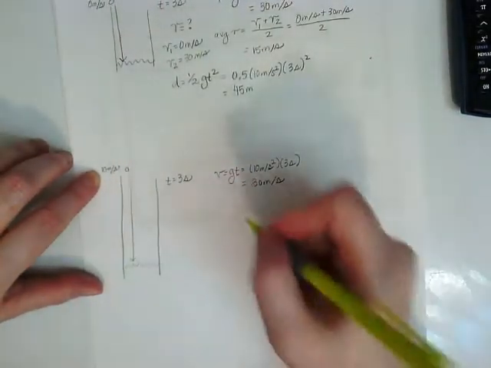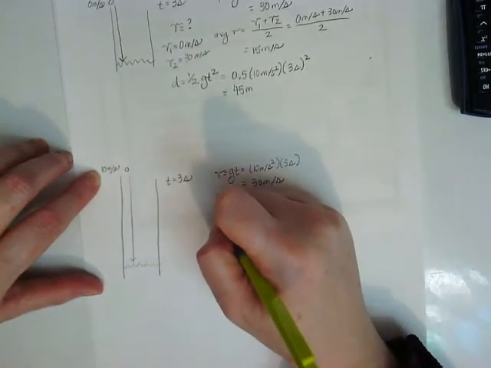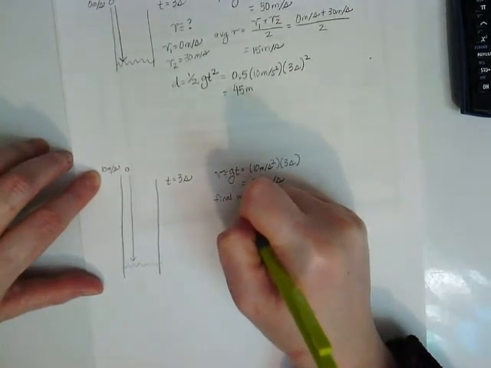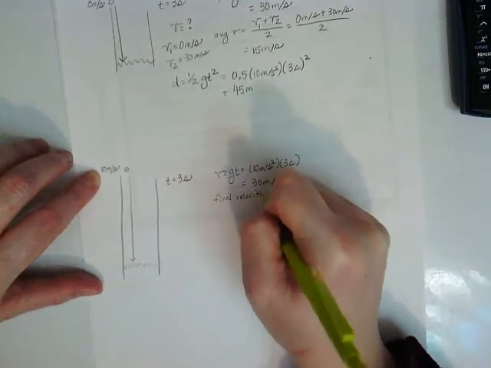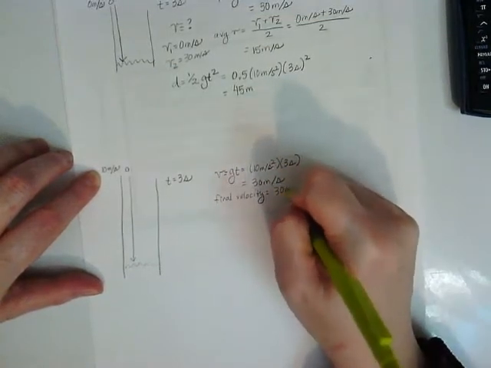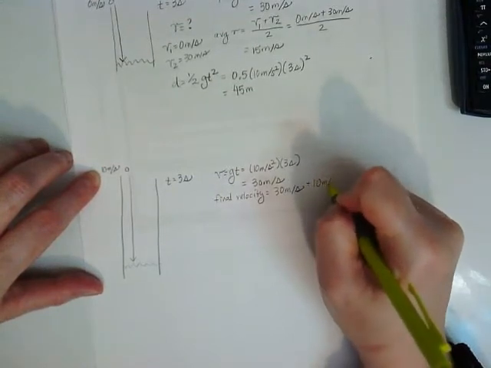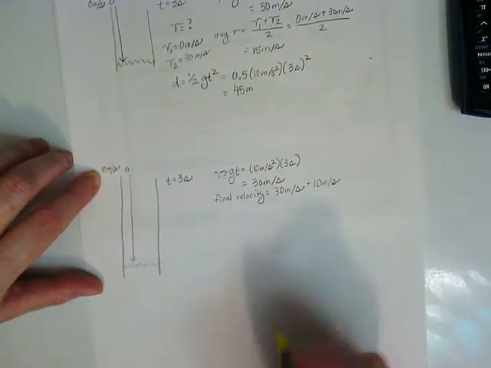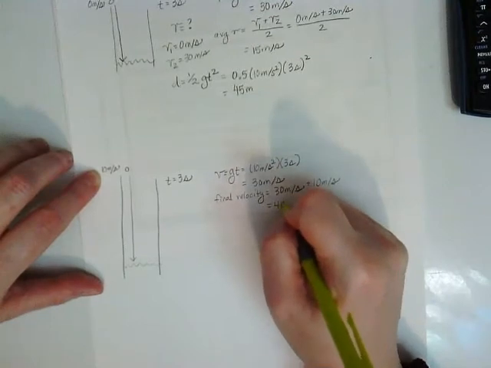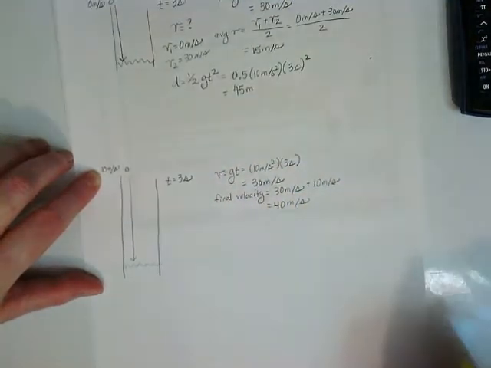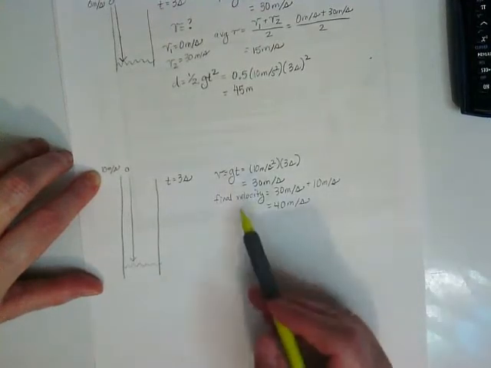So to figure out my final velocity here, I have to take the 30 meters per second that it picks up and add to it the 10 meters per second that it had when it started. So my final velocity this time is 40 meters per second. Okay. Now, it doesn't ask about average, right? It really just asks how far does this penny go in 3 seconds.